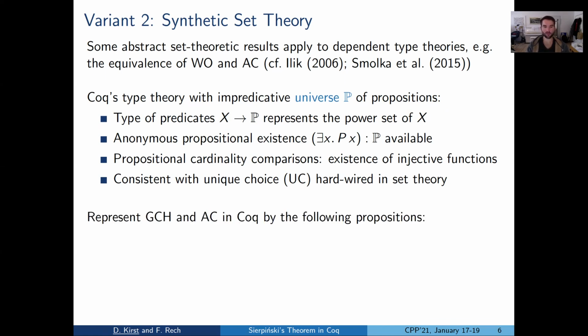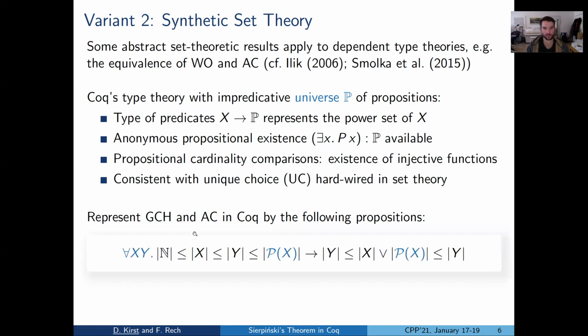Now in this setting, if we want to tackle something like Sierpinski's theorem, we have to know how to represent GCH and AC. And we can do this by the following two propositions. So this is just GCH as stated informally before, and I've highlighted the things that need more explanation. What do we quantify over, and what is the power set?